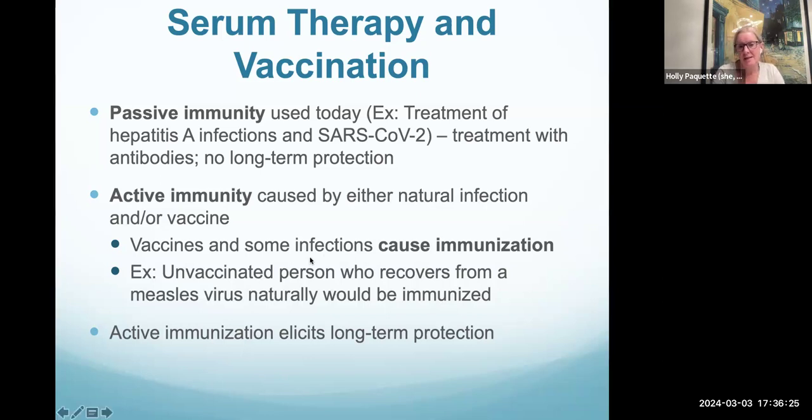And so vaccines and some infections can cause immunization, meaning that the next time you face this particular virus, you won't get sick. So for example, an unvaccinated person who recovers from the measles virus naturally would be immunized, or a vaccinated person for measles would also be immunized. Active immunization will give you long-term protection.